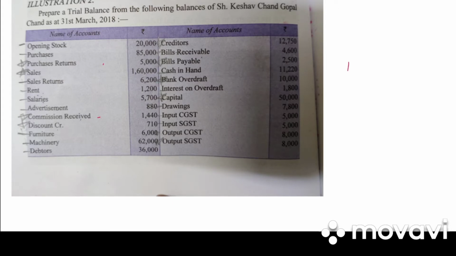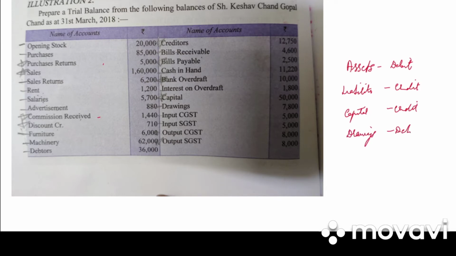Always remember that all the assets will show the debit balances. All liabilities will have credit balances. Capital account will always be credit balance. Drawings will always be debit balance.